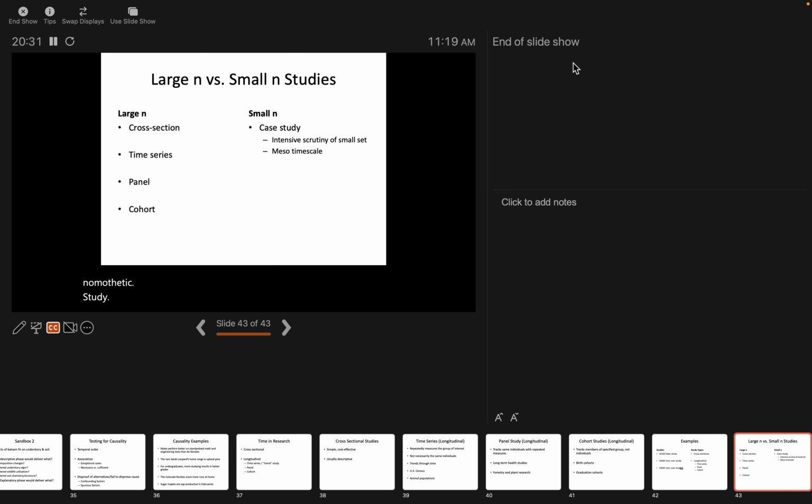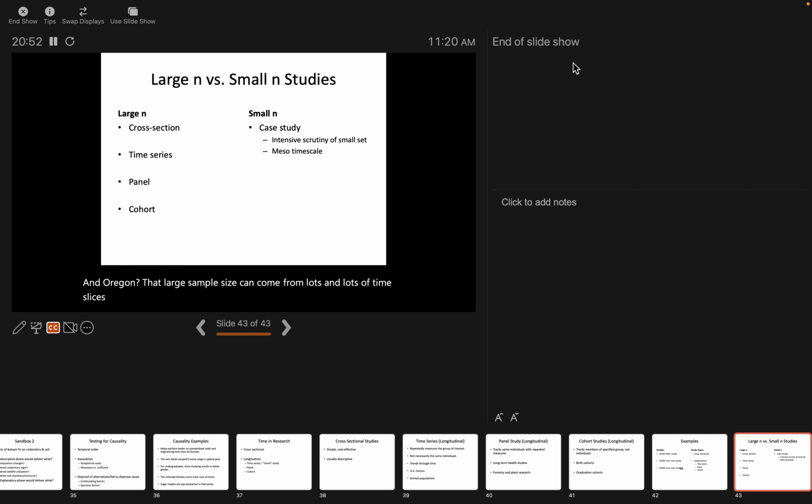For a large n study, where it's more descriptive or explanatory, the large sample size can be within each of those time slices, so contacting a ton of people, measuring a ton of trees, or that large sample size can come from lots and lots of time slices.